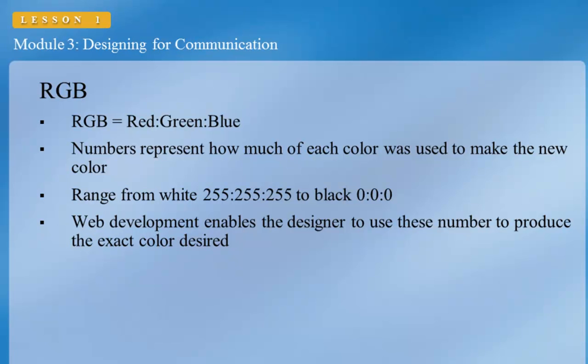There are several different ways to name colors. The first one is RGB, and it stands for red, green, and blue. And so when you use it, you have the numbers. They range from white, which is 255, 255, 255, to black, which is 0, 0, 0.